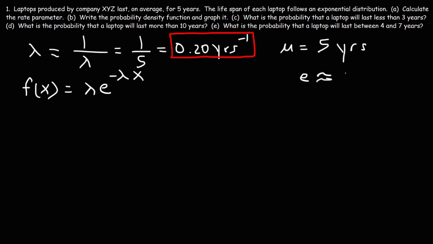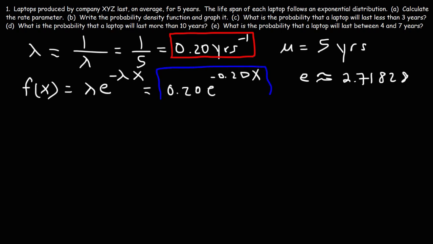It's approximately 2.71828. So now replace lambda with 0.20. We have the function 0.20 e to the negative 0.20 x. And so this right here is the probability density function, or you could say the PDF for short.